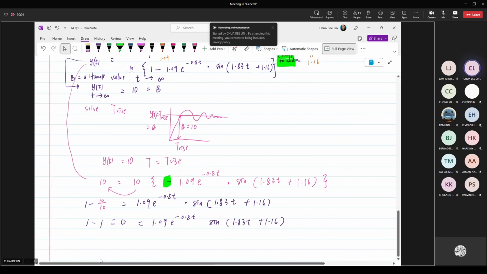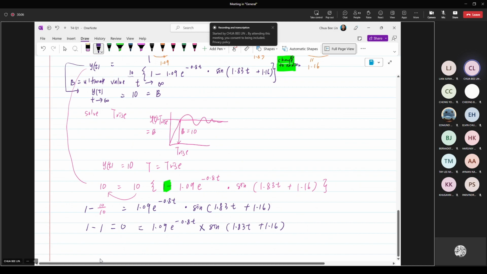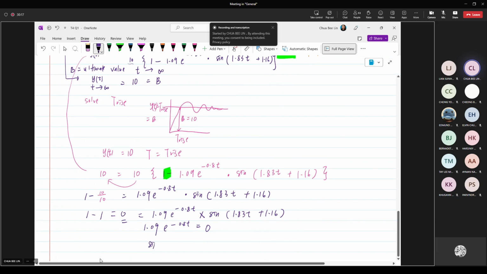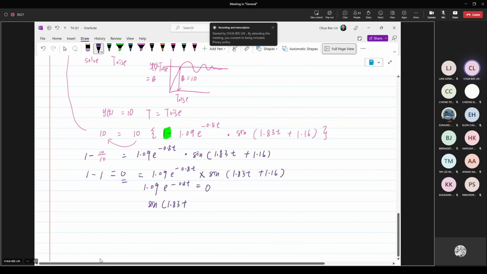Now you have this multiplication here. So you'll be having 1.09 e negative 0.8 t equivalent to 0, then sine 1.83 t plus 1.16 equals to 0 because of multiplication. Like a times b equals to 0, you're having a equals to 0 or b equals to 0, the idea.